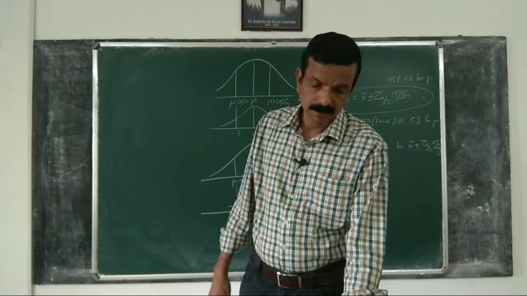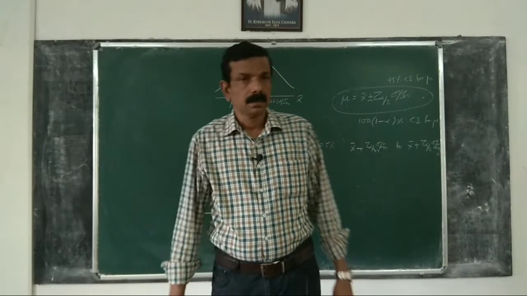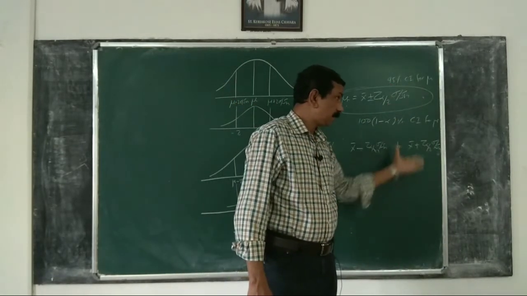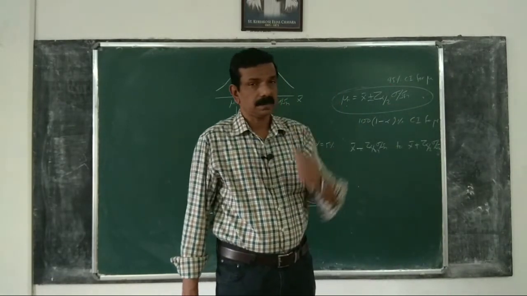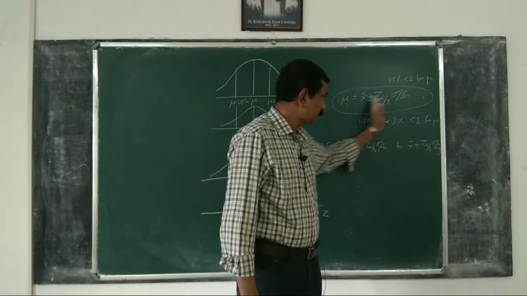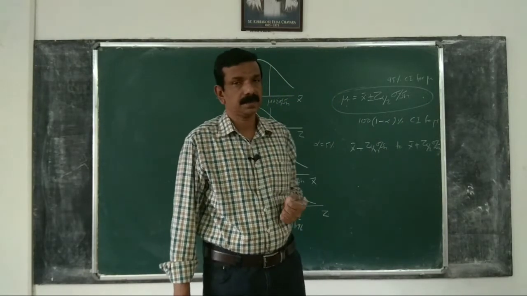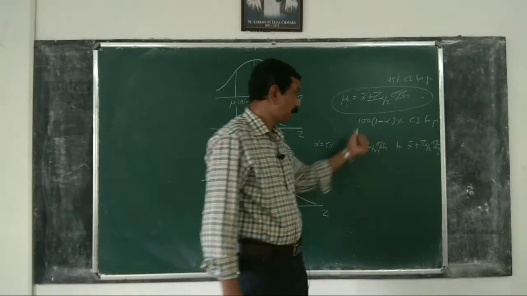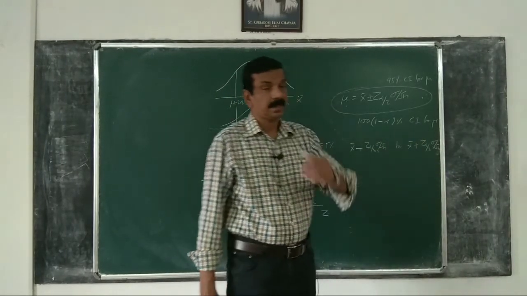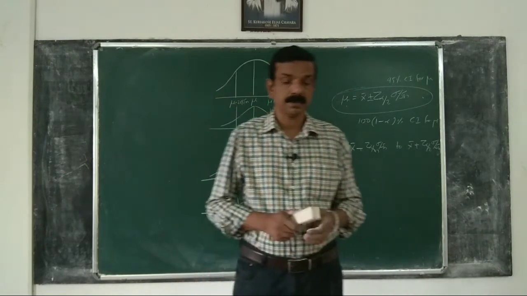And remember this: the interpretation of the confidence interval is, if you construct confidence intervals like this a repeated number of times, the parameter will lie in such intervals 95 out of 100 times.